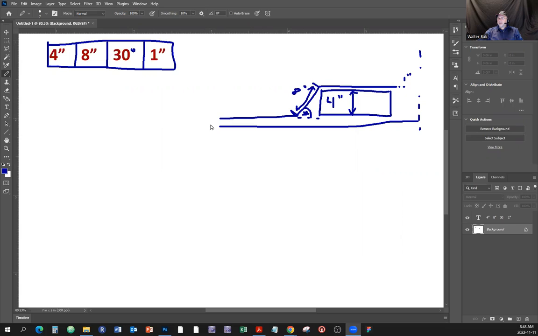All right. So the table says on the pipe bender, it says 4 inches, 8 inches, 30 degrees, 1 inch. Clearing 4 inches height, doing an offset.